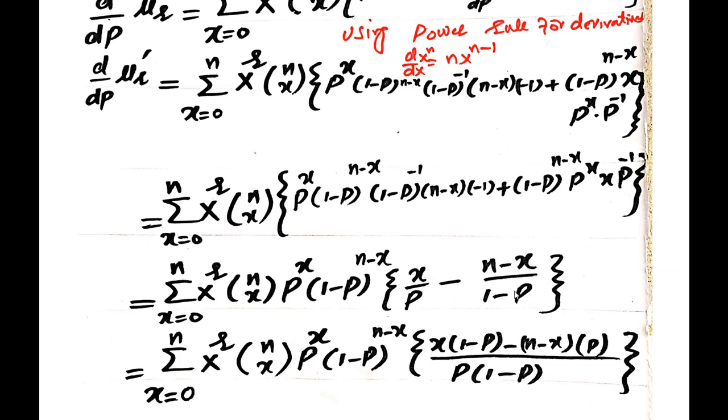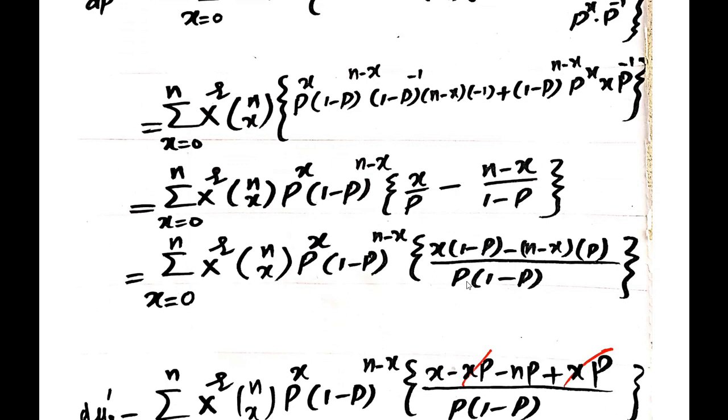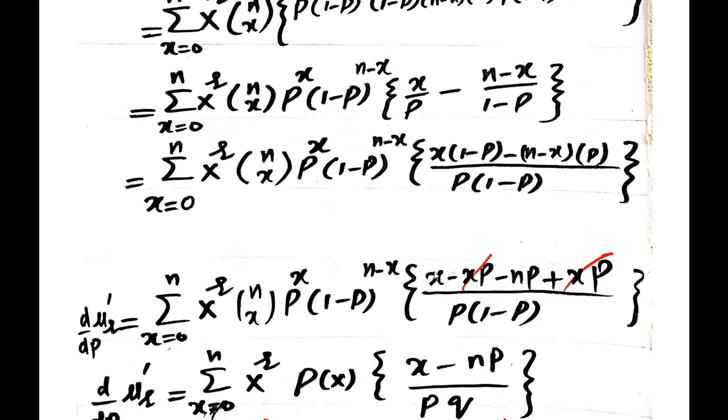So taking the LCM p into 1 minus p, cancel out p with p, we are left with x multiplied by 1 minus p. Here is a sign of minus, n minus x, cut 1 minus p with 1 minus p, and here we are left with p. So multiply: x minus xp minus np plus xp.